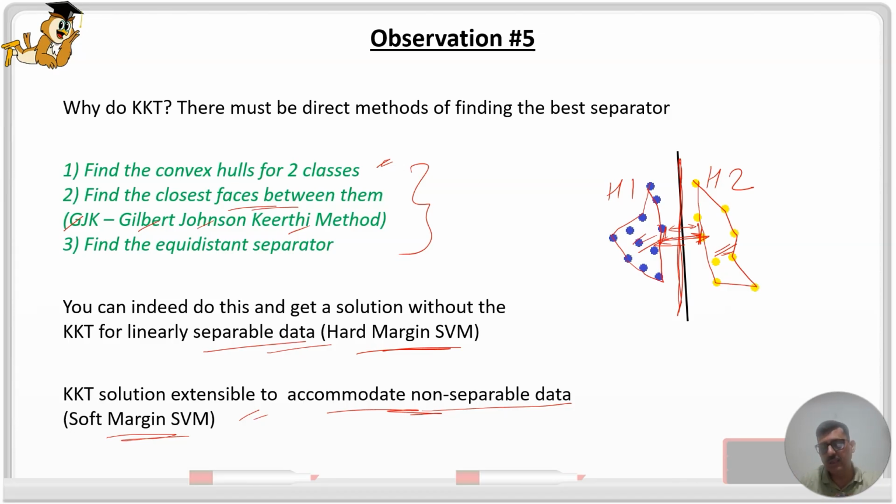In a funny sort of a way, we said that this lecture would be for hard margin SVM, but we developed a method keeping in mind that it would be extensible to soft margin SVMs as well.